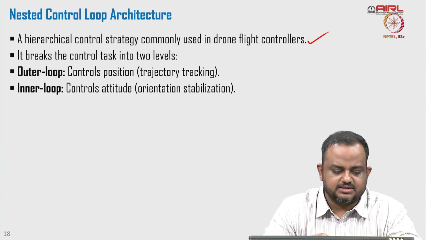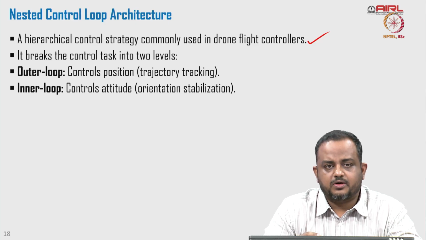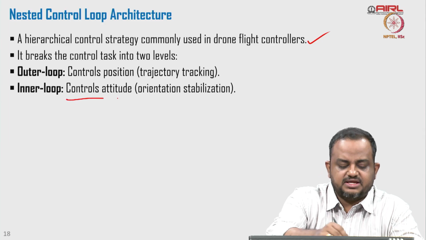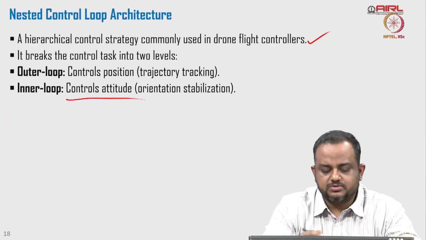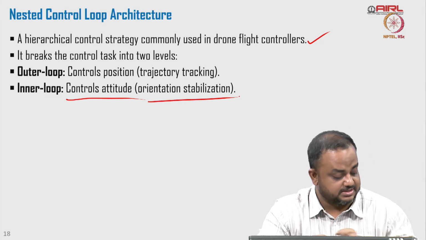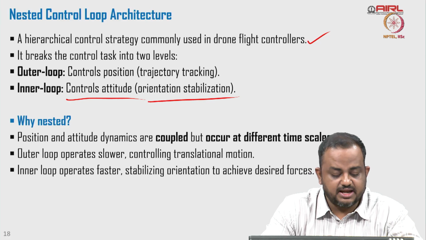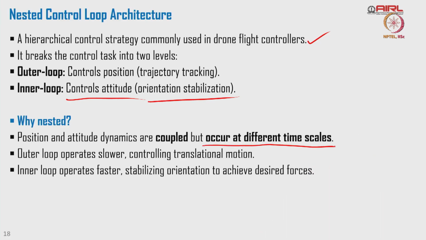But what happens is that the outer loop generally controls position or trajectory tracking. The inner loops will take care of controls like attitude, orientation, stabilization or something like that. Okay. So, why nested? The position and attitude dynamics are coupled, but occur at different time scales. This is very important to understand. The outer loop generally operates slower, controlling translational motion.